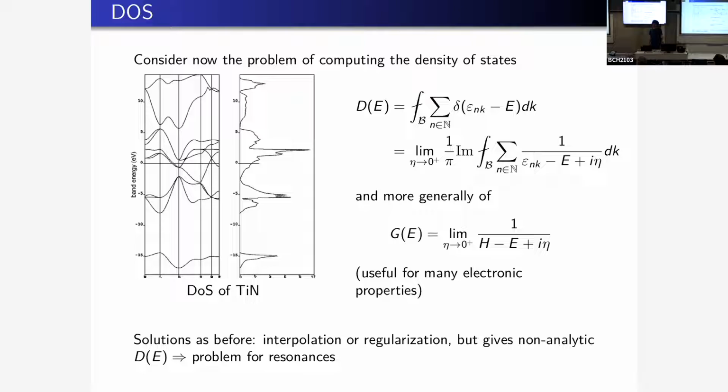When I say analytic structure, I mean you want complex analytic extensions of that D of E. One case where this comes up is for resonance computations. I'm not going to detail too much about the resonance computation. I'm just going to give an idea of something we developed for resonances that could be of interest for people today.